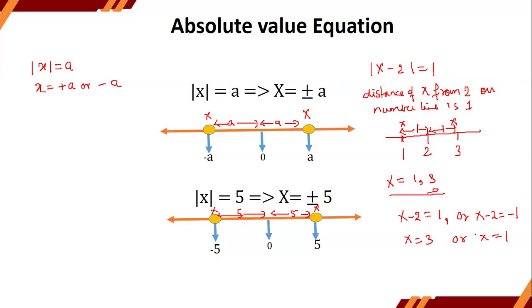It is very important that you know how to solve an absolute value equation using the formula, but at the same time you should know what it means when we are plotting it on the number line.